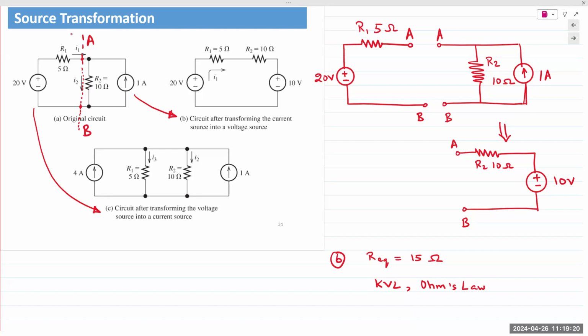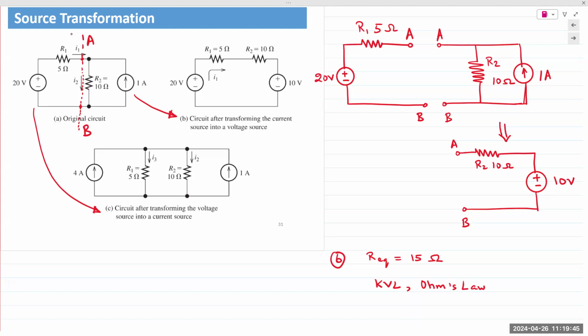Then once you have the current, you can split it up and determine the voltage across each of those resistors. Then you can determine power and you can determine energy, everything. So instead of doing node voltage analysis or mesh current analysis, a simple application of Ohm's law and KVL. That's it.